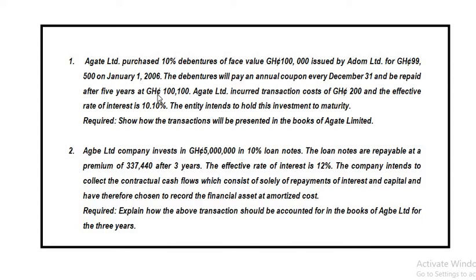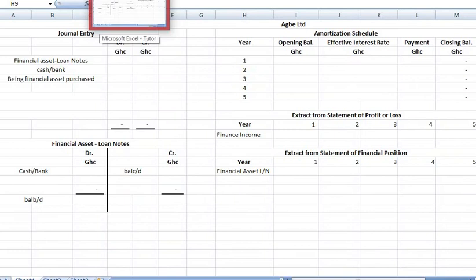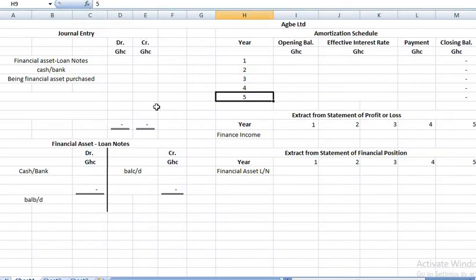We are going to the worksheet as we solve the problem. As I said earlier, at inception we are going to recognize the asset. So we are going to debit financial assets and credit either cash or bank. We are assuming they paid by cash or by bank.